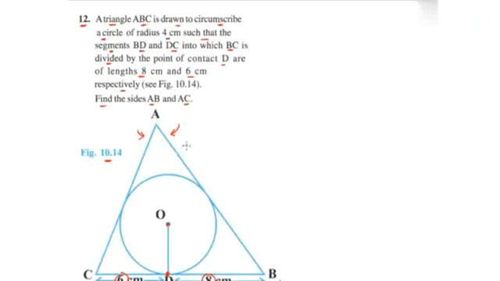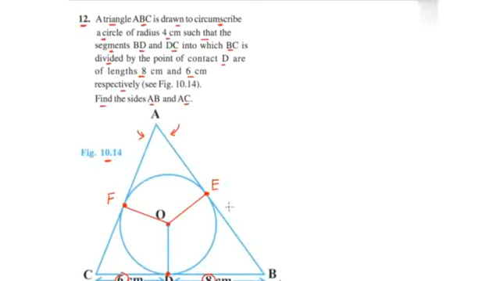So to understand the solution, let's first understand the figure in a better way. We have this circle, and triangle ABC is circumscribing the circle. One of the points of contact is D. We can see that there are two other points of contact. Let's label them: this point of contact is E, and this point of contact is F. Now if you join O with E and O with F, what will be the length of OE and OF?